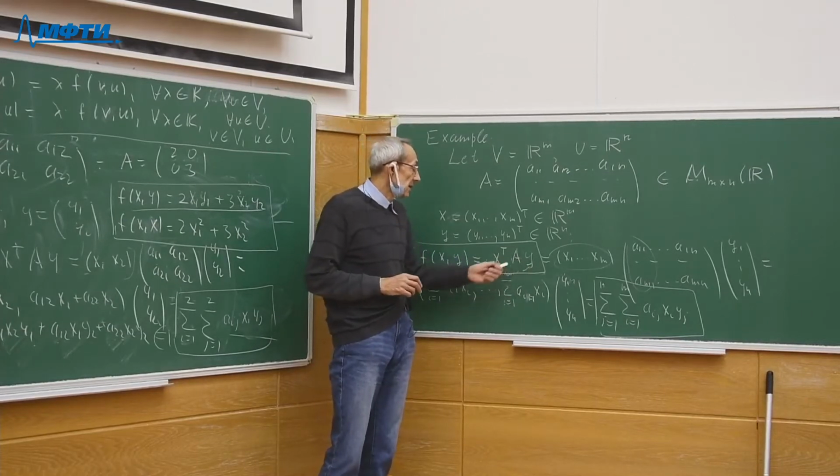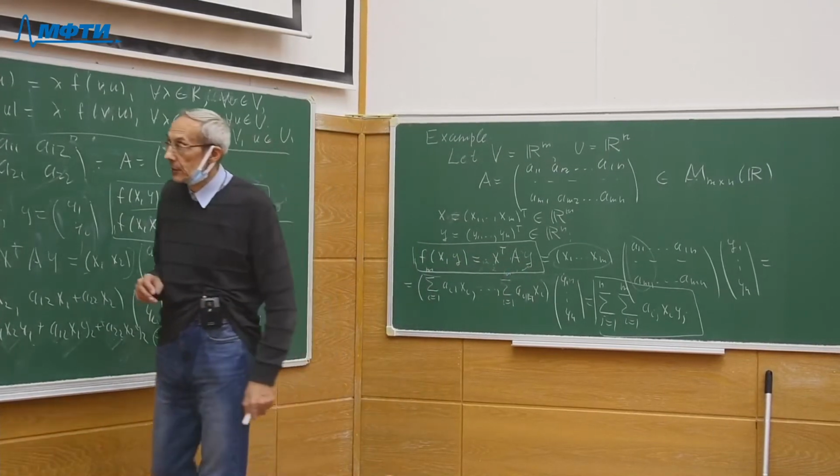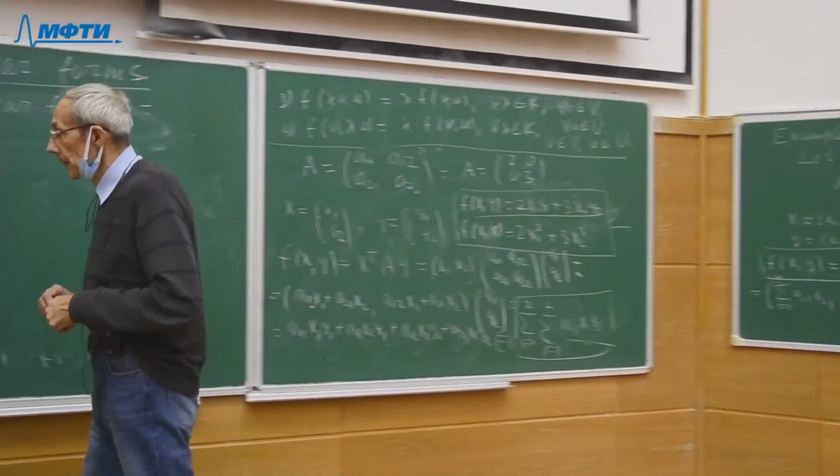And this matrix is called the matrix of the bilinear form.